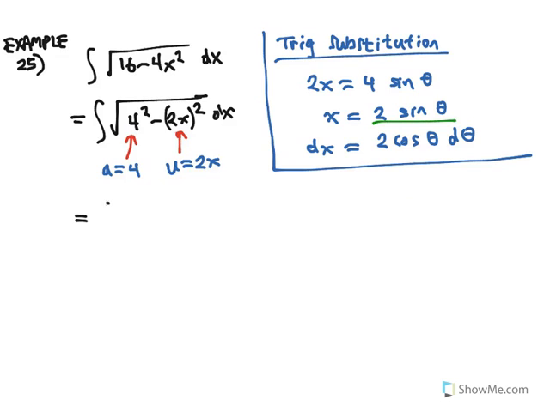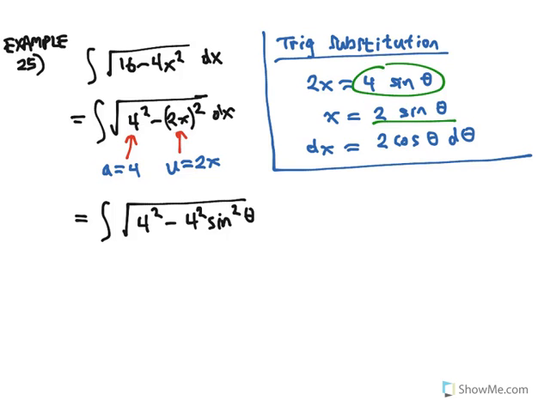So we will have the indefinite integral of the square root of 4 squared minus (2x) squared. Now we have 2x is 4 times sine theta, so we have minus (4 times sine theta) squared, or 4 squared times sine squared theta, times dx, which we know to be 2 times cosine theta d theta.